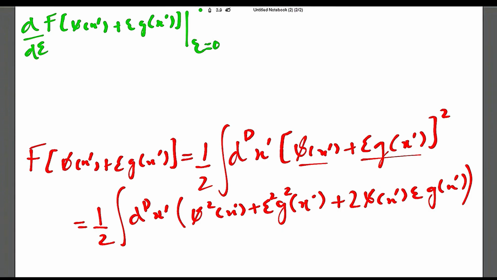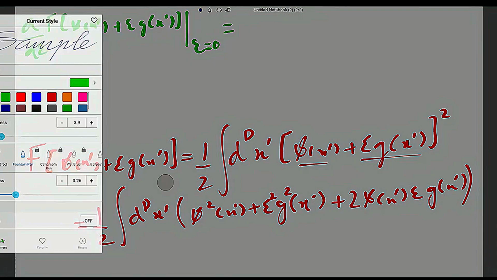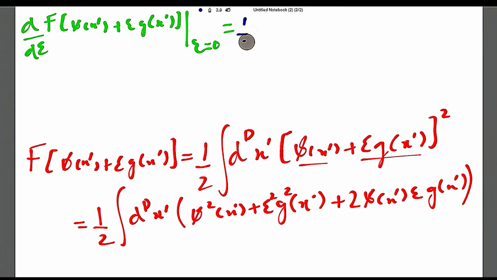That is the new argument at hand, and that is equal to, so 1 over 2 is a constant, it can stay outside. Also, this d by de and this d dx are independent of each other since the variable is completely different. They are in independent spaces, so we can just move the d by de inside, and that's totally fine.